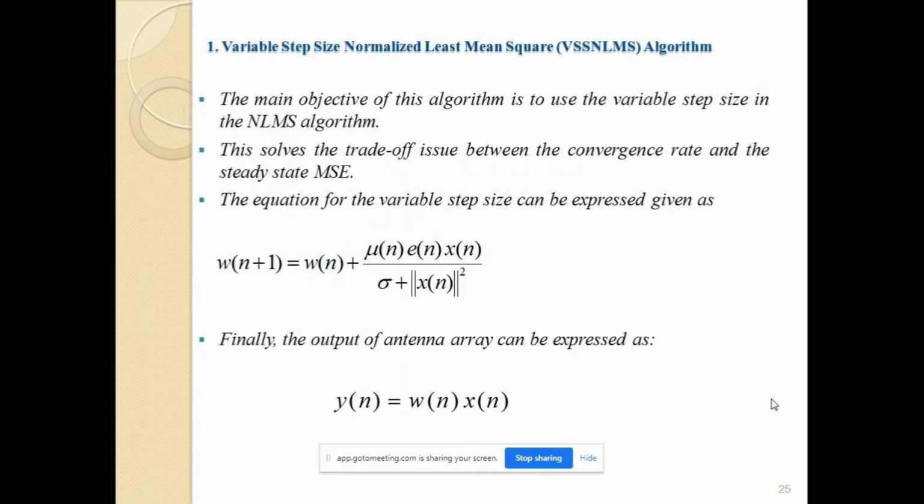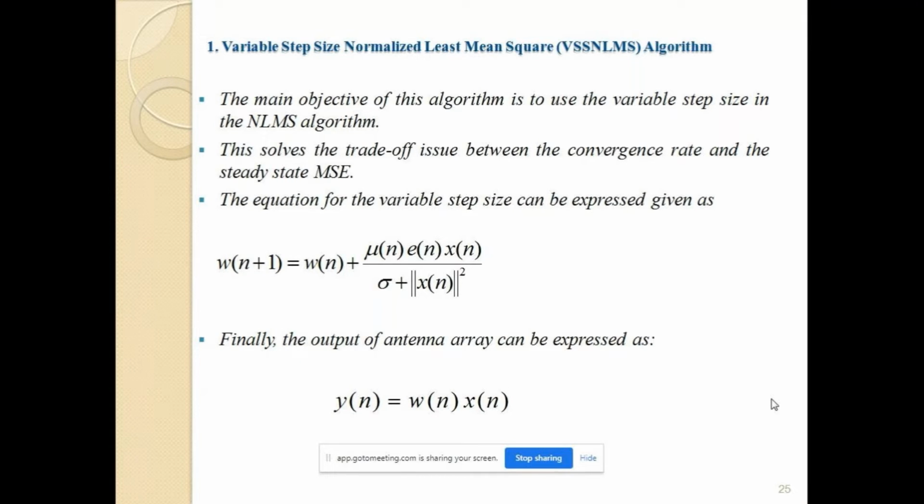Firstly, we have developed the first algorithm, called the variable step size normalized least mean square algorithm. The LMS algorithm, least mean square, already exists in the literature, and so does the normalized one. However, they have their own downsides. For example, to reduce the mean square error between the user signal and the desired signal, a lot of iterations are required.